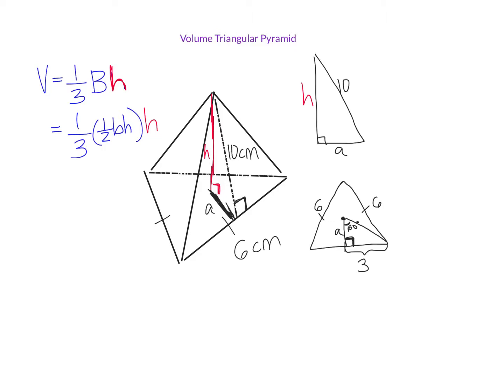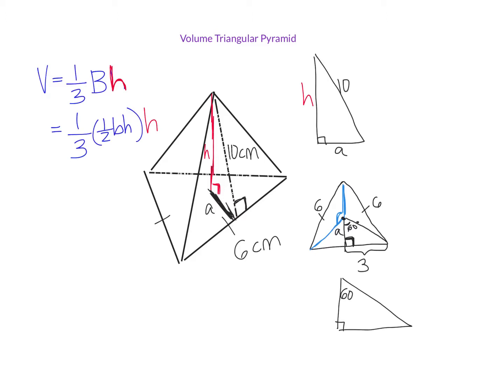So we know that that's 60 degrees because, let me just show you here, if we were to create triangles within this triangle, each of these angles would be 120 degrees. So then if I bisect it, that angle would be 60 degrees. And then what I'm going to use is the special right triangle relationship that we know.